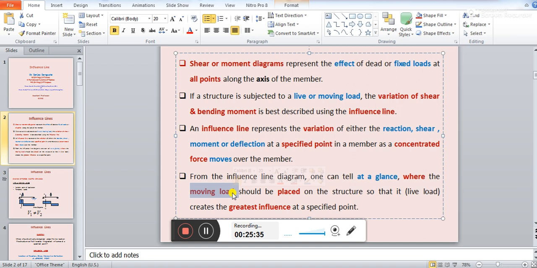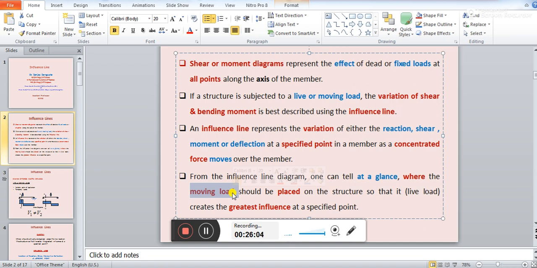If you get the influence line diagram for any member, then from it you should be able to find out very easily, when a load is moving over that member, at what particular position the greatest influence because of that load will come.